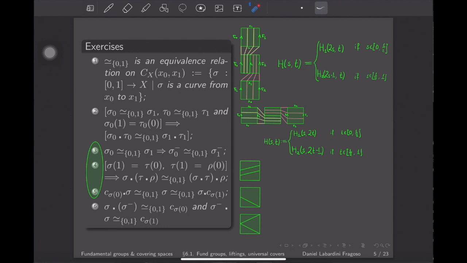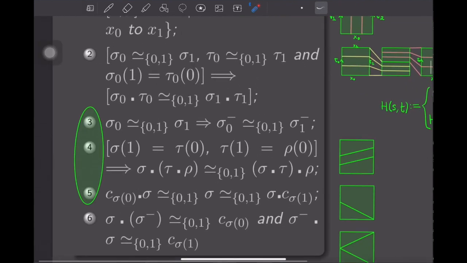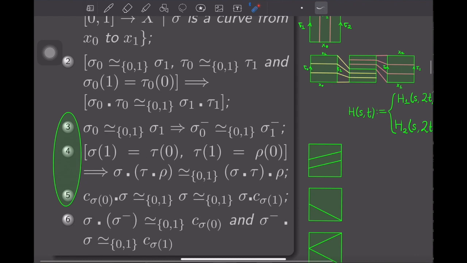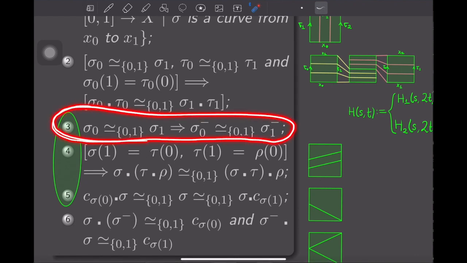Okay, then 3. And for 3, the exercise is to explicitly write down a formula for this.